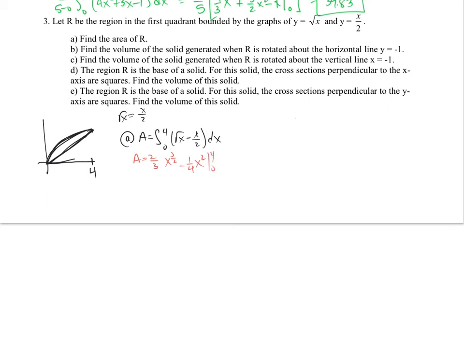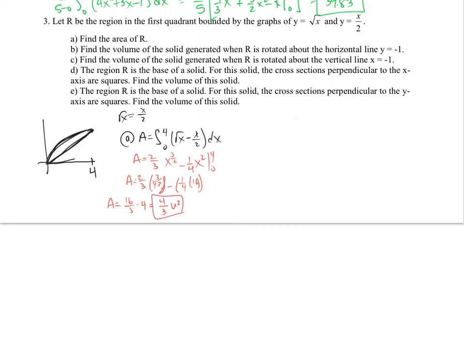Plug those in, and you'll get A equals 2/3 times 4 to the 3/2 minus 1/4 times 16, and you'll get the area as being 16/3 minus 4, which gives you 4/3 square units.